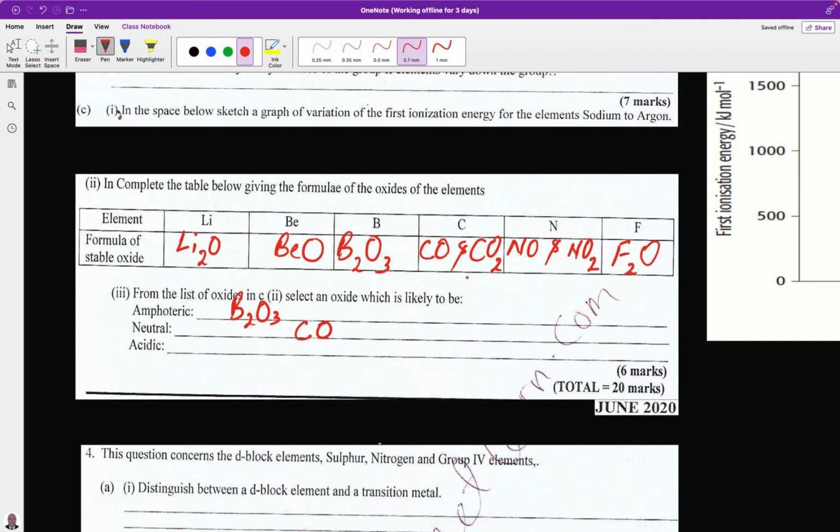Sulfur is not there, but we have nitrogen dioxide and carbon dioxide. So any of these acidic gases will be carbon dioxide or nitrogen dioxide. That is what you can get.